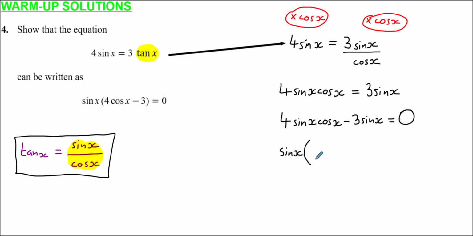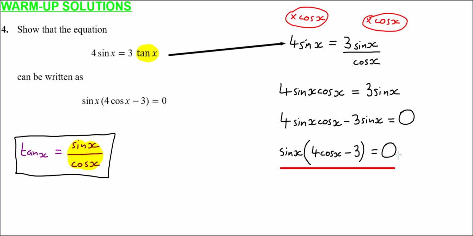So sin x times 4 cos x minus 3 equals 0. And again, that's exactly what we wanted to prove. And so we're done with question 4.